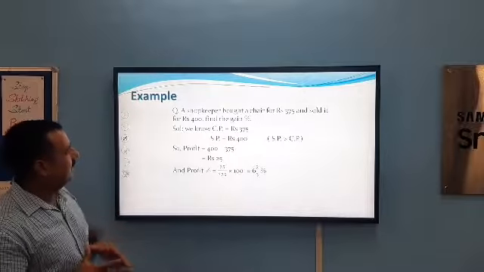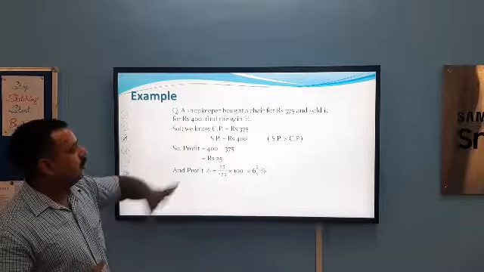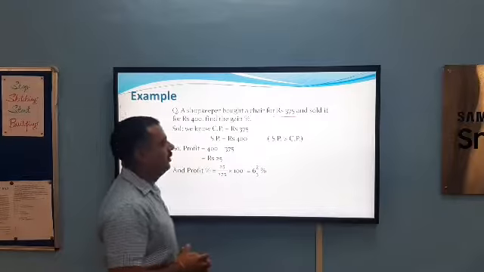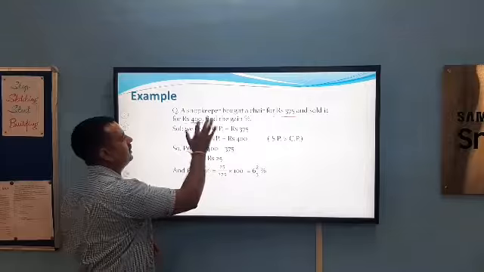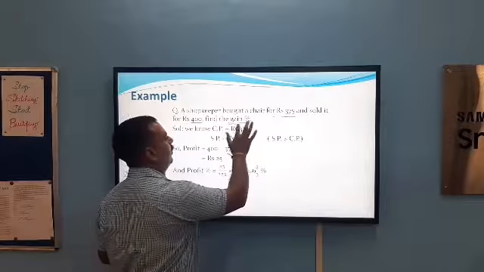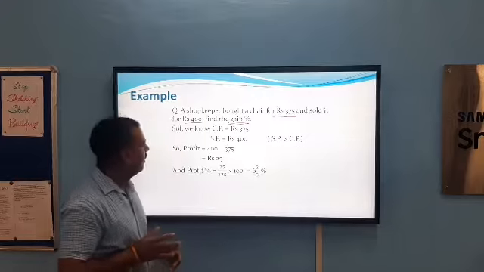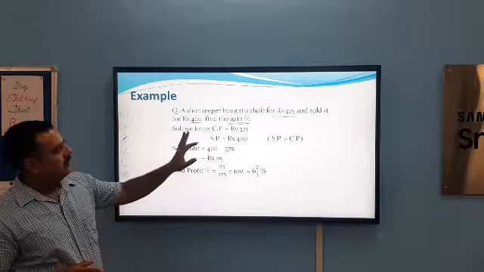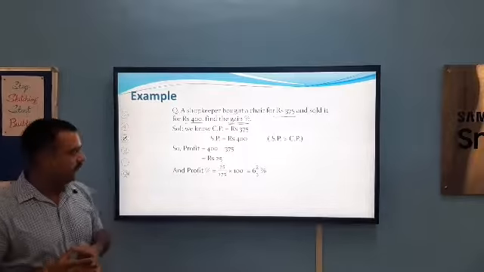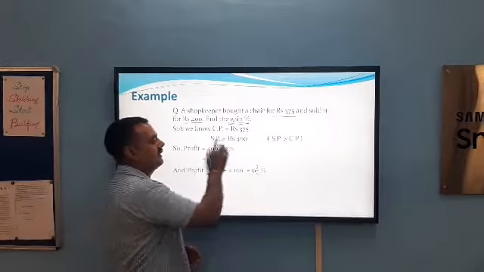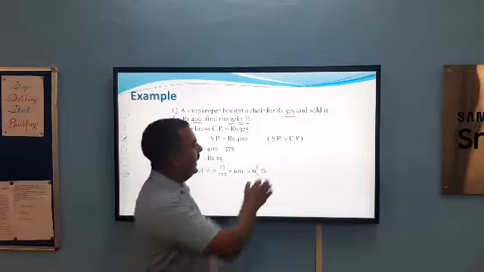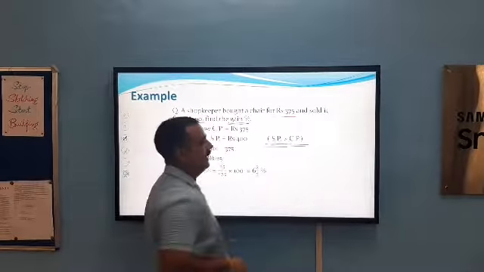Now we take an example. A shopkeeper bought a chair for rupees 375 and sold it for rupees 400. Find the gain percent. Gain or profit are the same things. We know that cost price of the chair is rupees 375 and selling price of the chair is rupees 400. Now as we see, selling price is more than cost price.